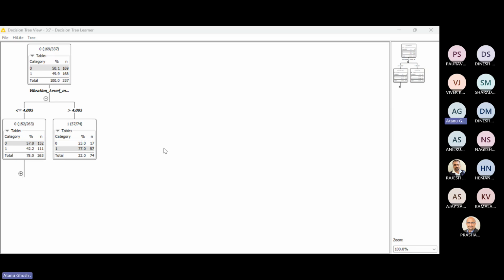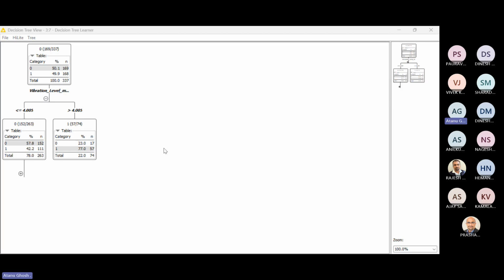Now, is 77% probability good enough for us to say that the moment the vibration is more than 4.005, the machine is going to fail, stop the machine? Probably no. Probably we would have liked a probability of 95%.